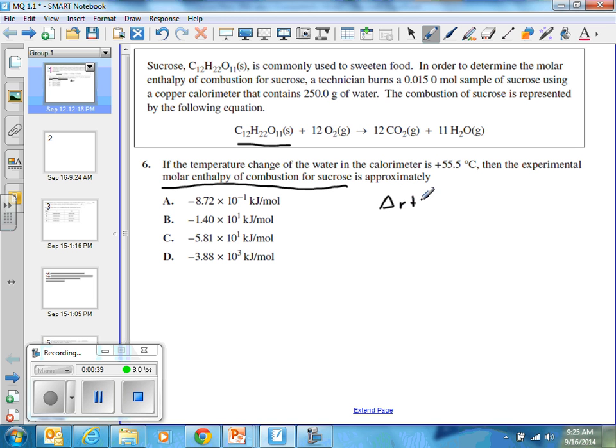Okay, so our molar enthalpy of the system equals Q of the surroundings. So from this, we can set up this formula.